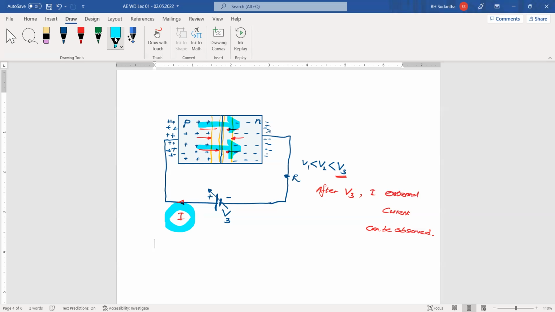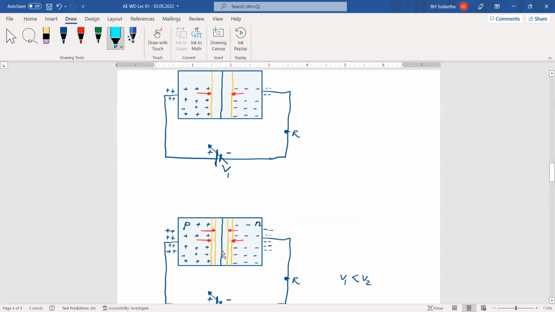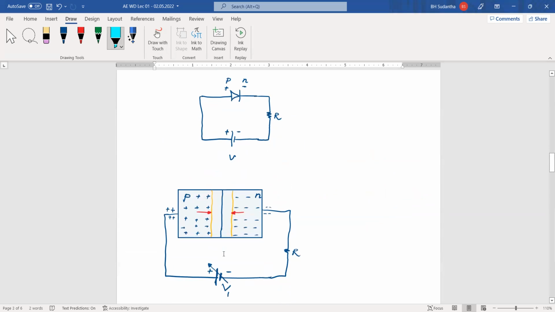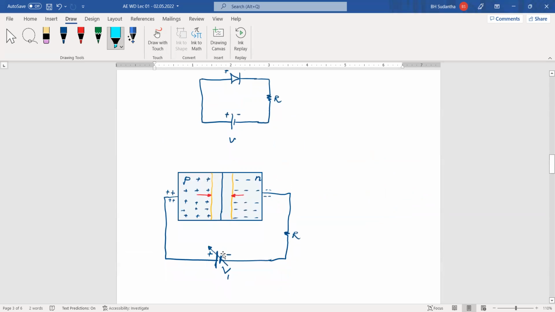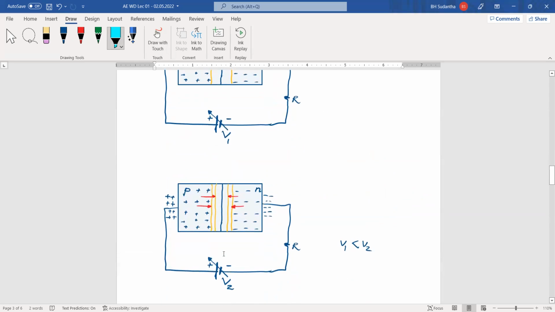Okay. Now, how can we tell this story? How can we summarize this story? We have applied a certain voltage across this PN junction. Then inside the PN junction, we observed initially there is a depletion layer. And after applying this voltage, because of the depletion layer, carriers cannot go to the other side of the junction.